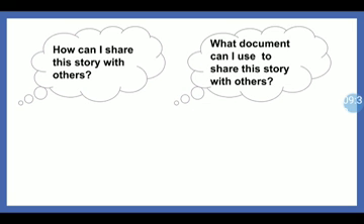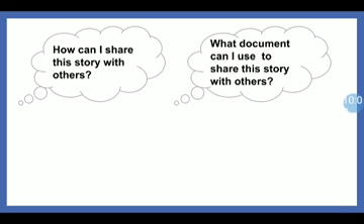Well, we can do it verbally, or we can do it written. And we know when we speak about verbally, we're talking about talking. And when we talk about written, it means putting it on paper.